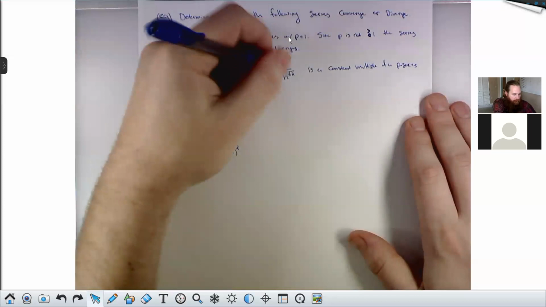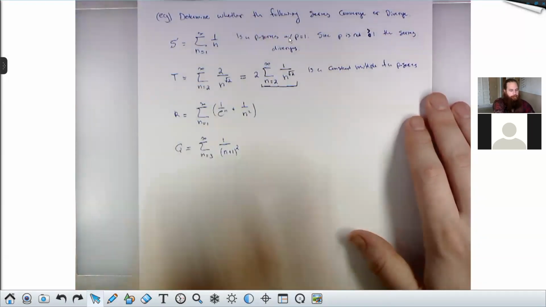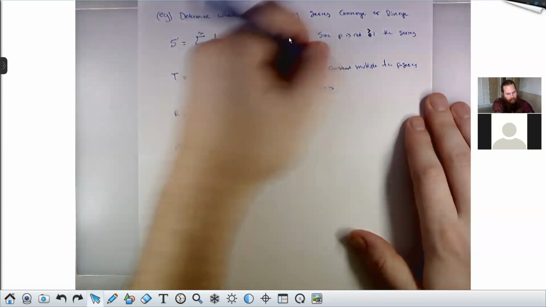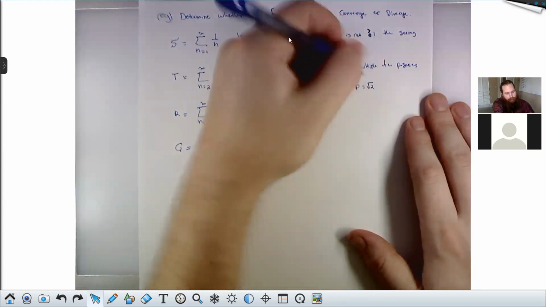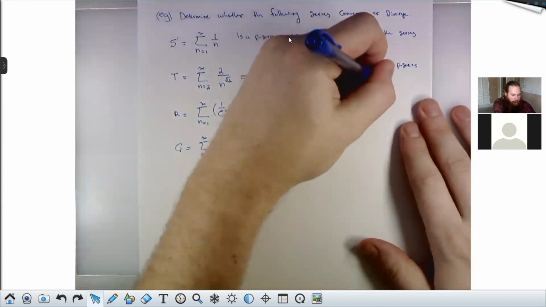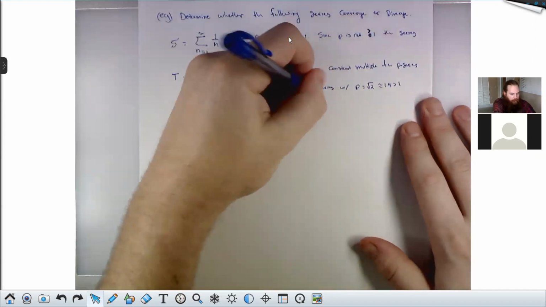In other words, this piece is a P series. And here P is equal to the square root of 2, which is bigger than 1, right? This is about 1.4. So the series converges.